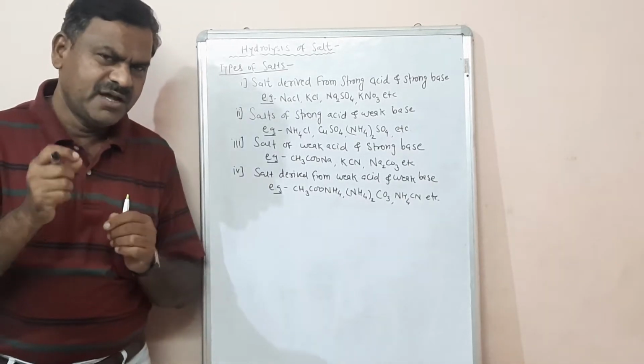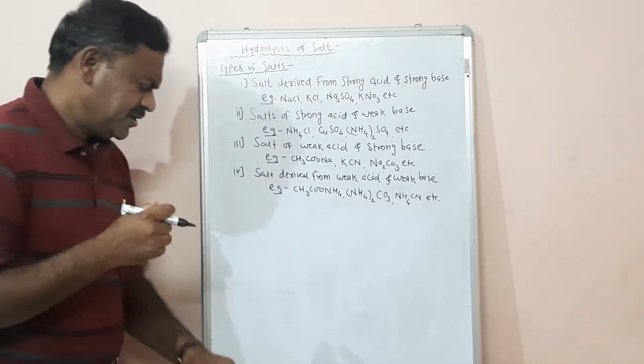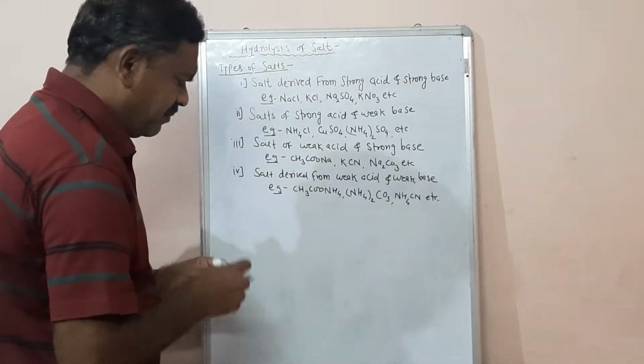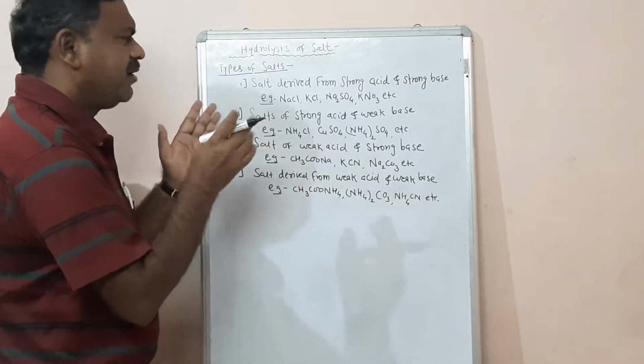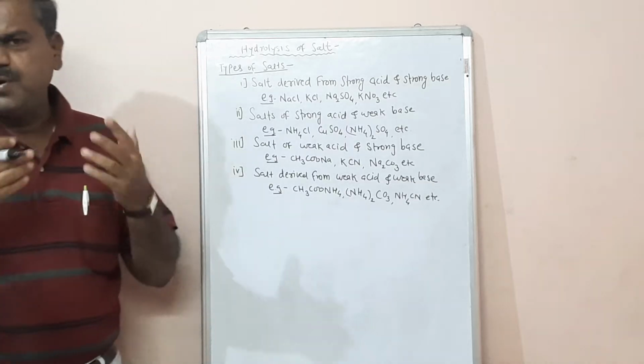Salt is an ionic compound produced by the acid and the base.